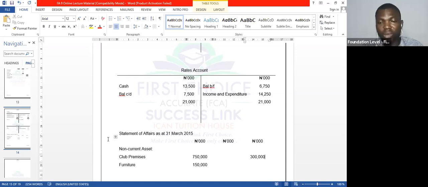So our accumulated depreciation is 450. Then we move on to the next one. From the information given to us, we have the carrying amount of the furniture. So we have 50,000 minus 45,000.